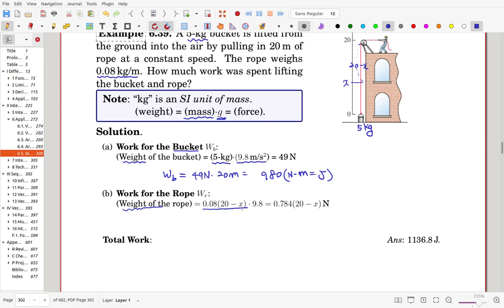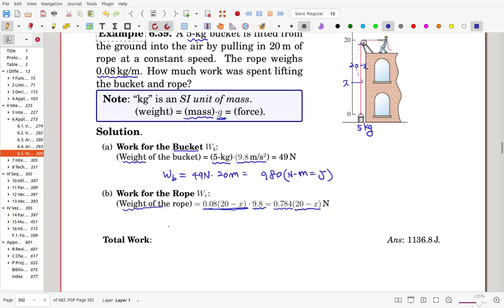Of course, x is moving from 0 to 20. That is mass, and times here gravity constant, so that along with these two, we can get this quantity times that one, 20 minus x, that is Newton, is not constant force.